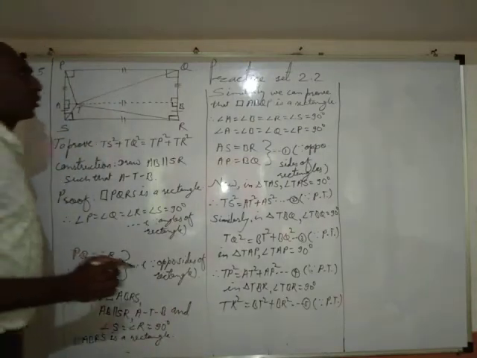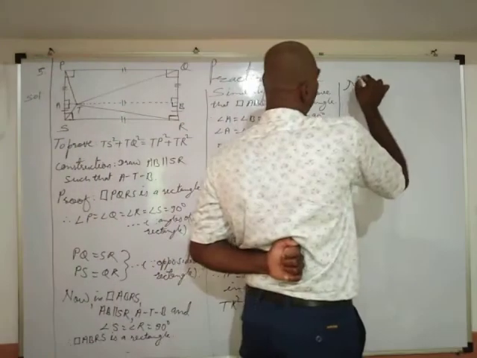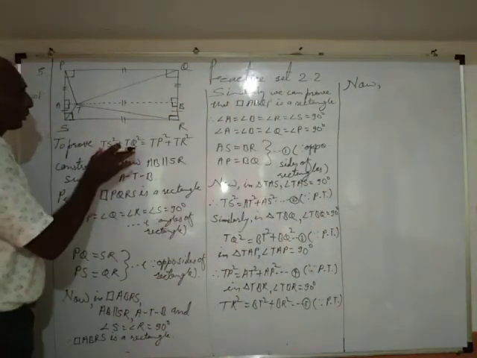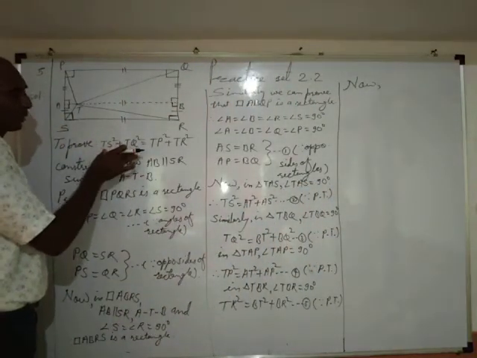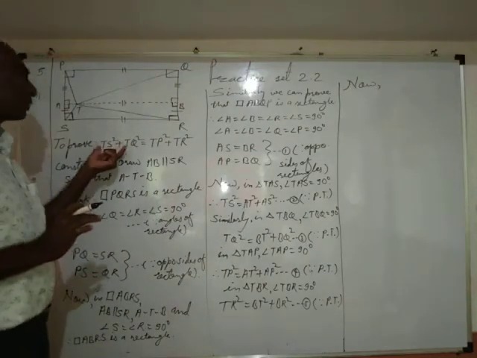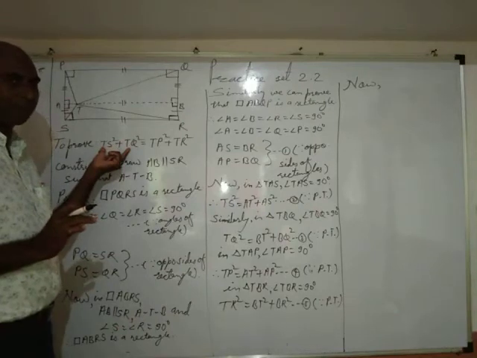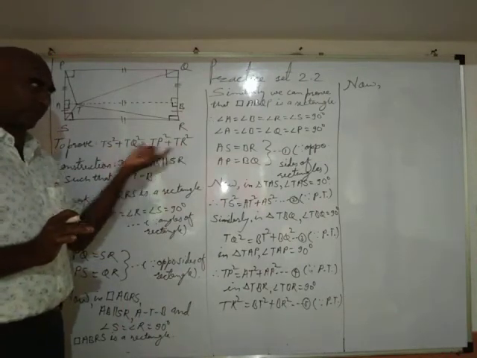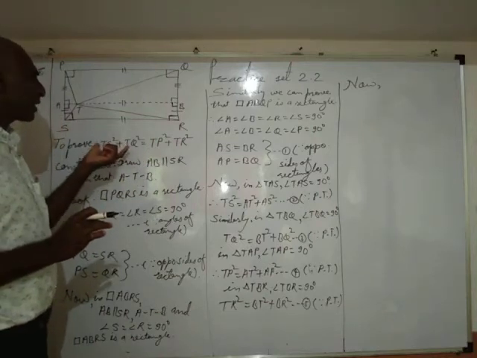Okay, now what we have to prove? We have to prove that TS square plus TQ square equals TP square plus TR square. Means at LHS we want TS square plus TQ square, and at RHS we want TP square plus TR square. Now let's add those equations.